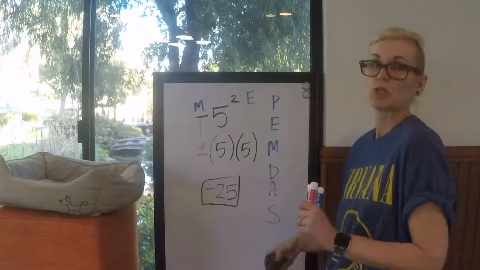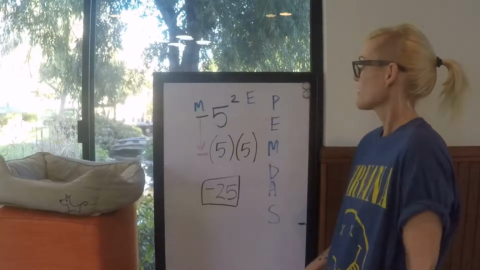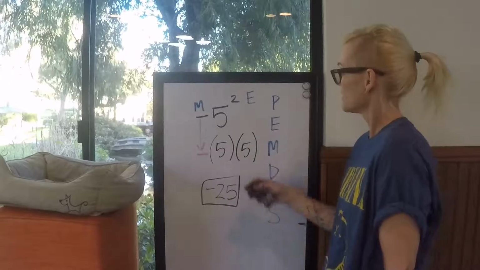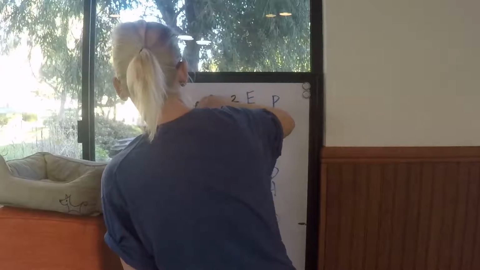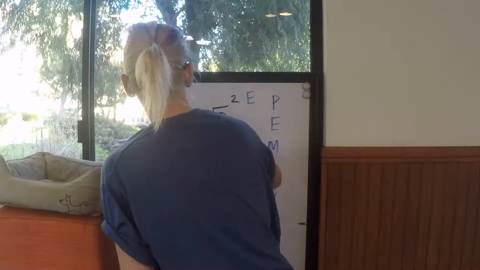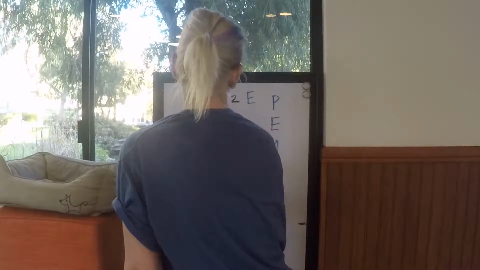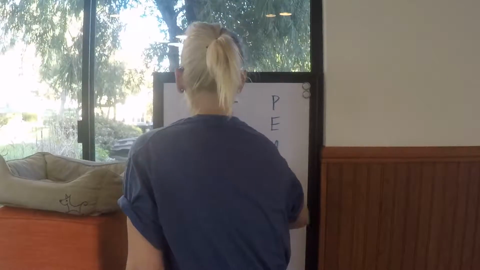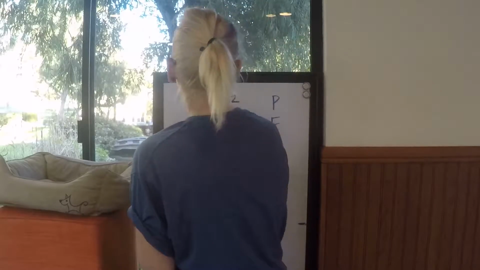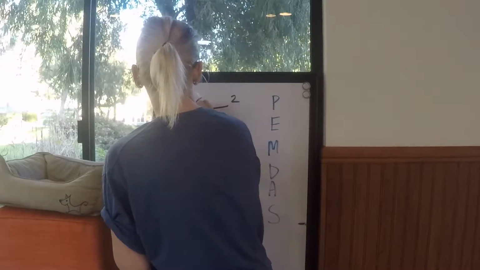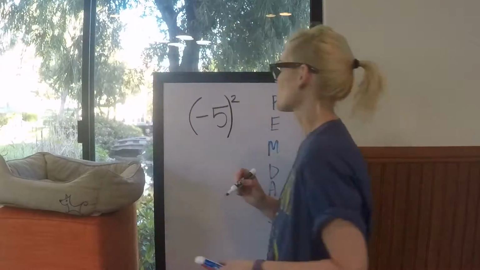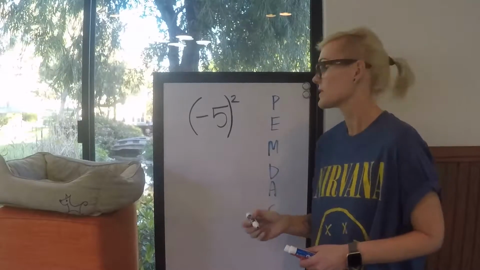Okay, so slightly different from the last problem. Okay, so I'm going to keep up that 5 squared. So make sure you're writing all this down. I'm going to erase this. Okay, and I'm going to slightly change it again. And now, I'm going to put the negative inside the parentheses, because you are going to see problems like this.